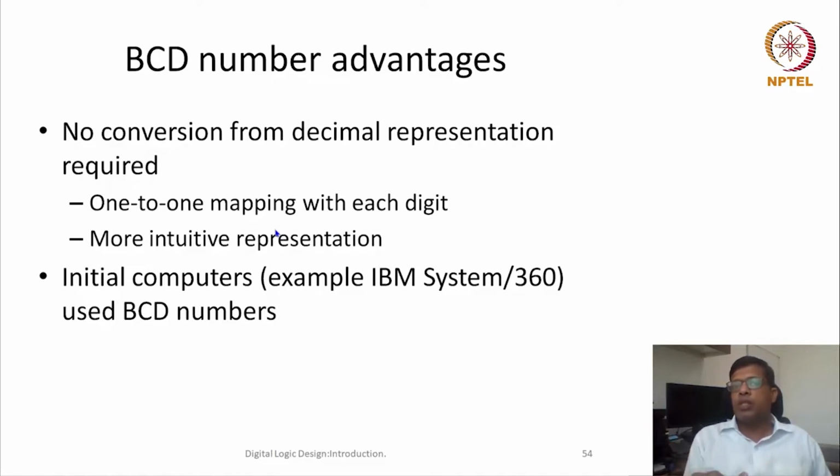These BCD numbers were satisfying both of these criteria. That is why in initial computers we were using BCD numbers, and several BCD codes were invented in that era, which had certain advantages and disadvantages. Because of this intuitiveness, they are useful wherever we just need to represent numbers.